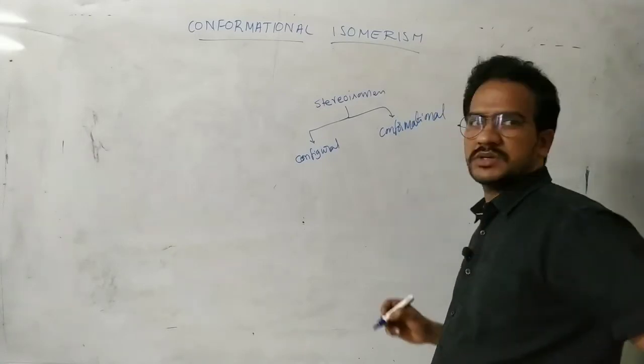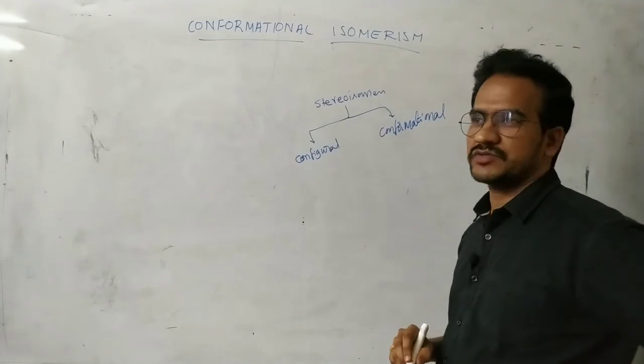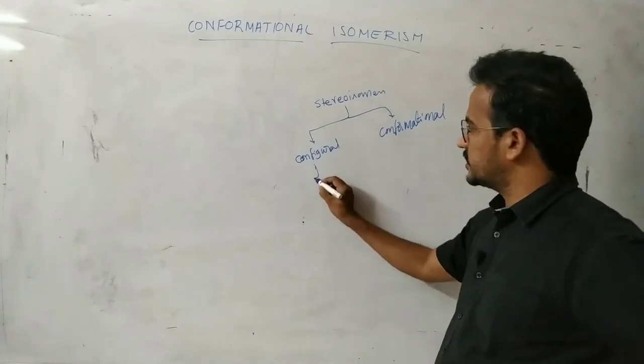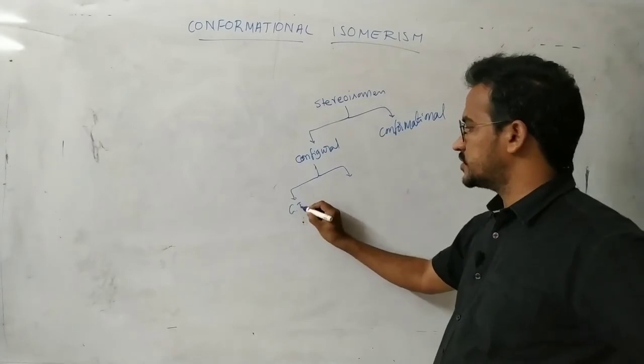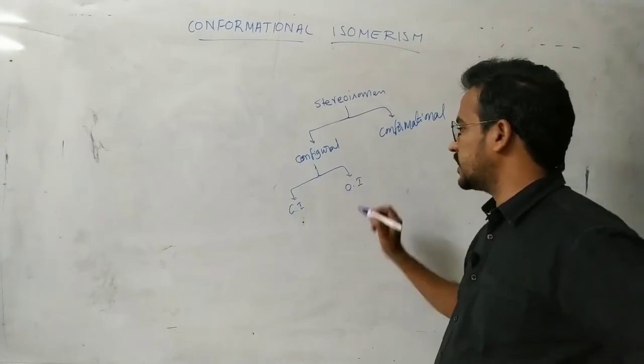The configurational stereoisomers are again classified into two types: geometrical isomers and optical isomers.